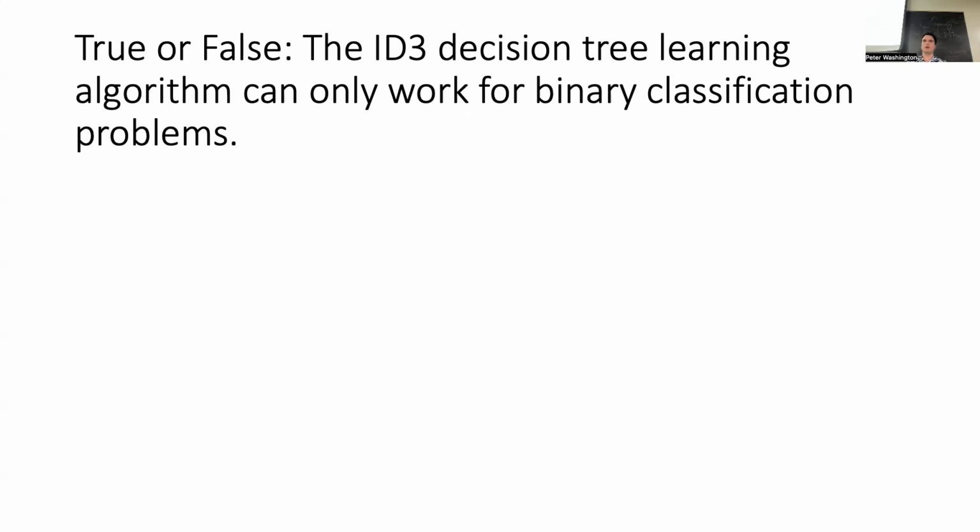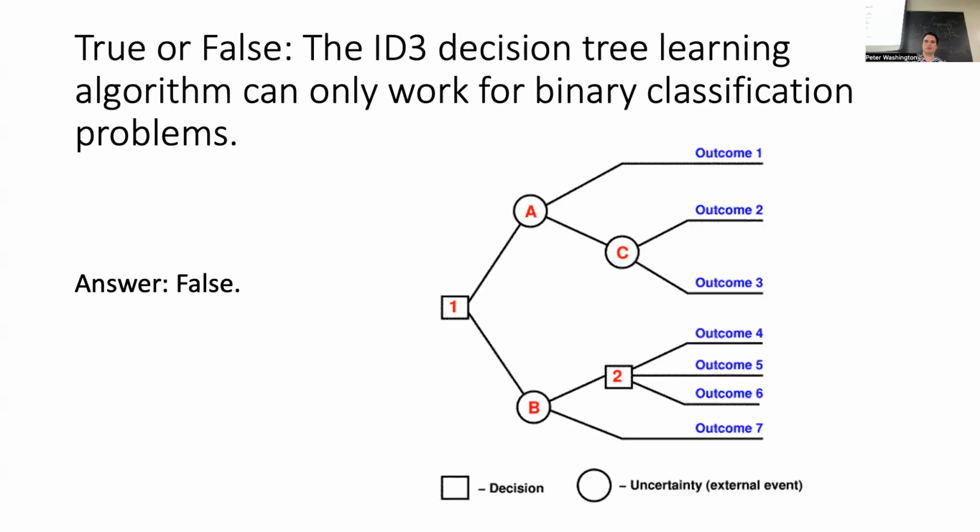It could only work for binary. Who thinks false? It could also work for more than binary. Okay, so the answer is false because you can predict whatever you want at each node. It doesn't have to be one thing or the other. You can predict anything by definition of the model.